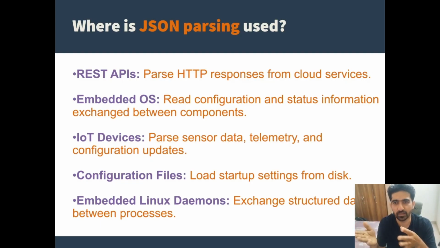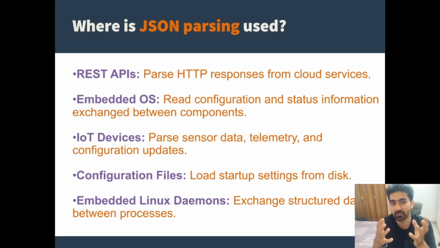The second is embedded OS. We read the configuration state and information that is saved in JSON format, fetch that data into our structure, and process it. Also, we use this in IoT devices for parsing sensor data.